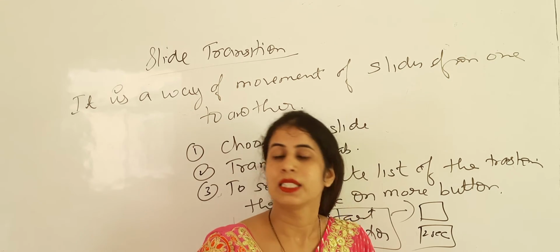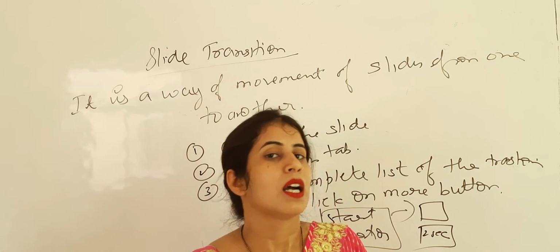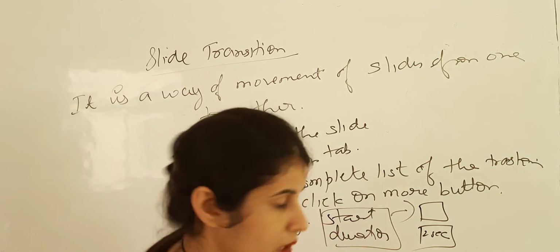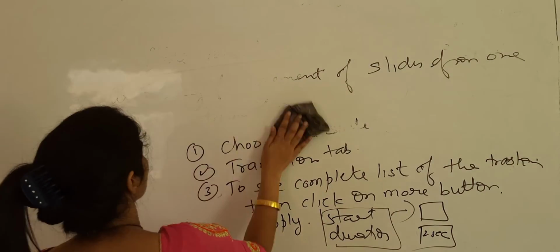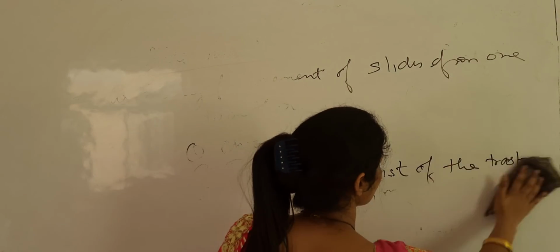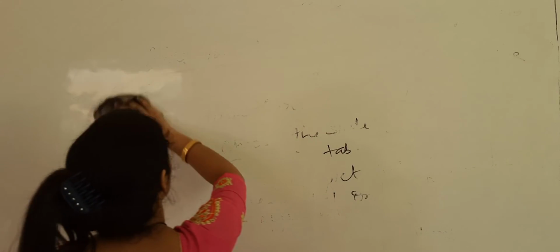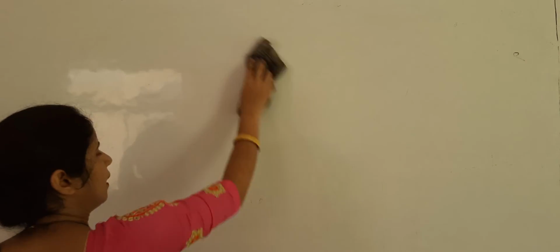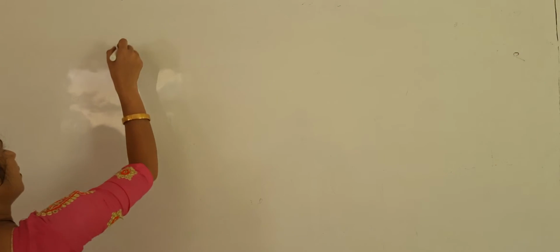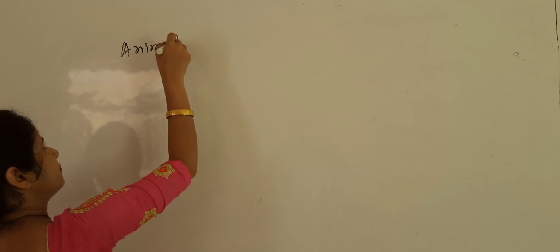Okay. Now the next topic is animation. What is animation? Animation is basically used to combine the text and the objects. What is animation?